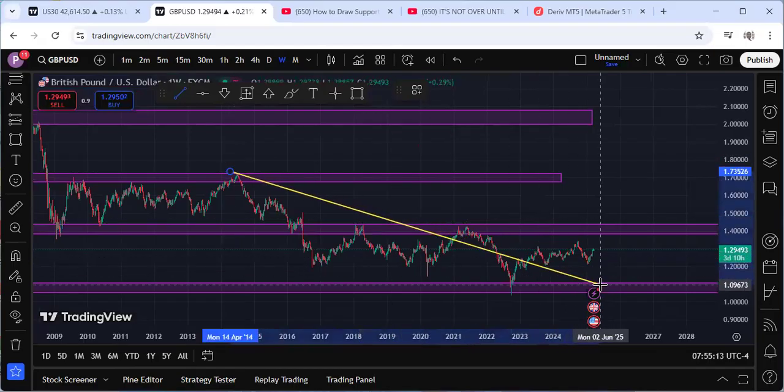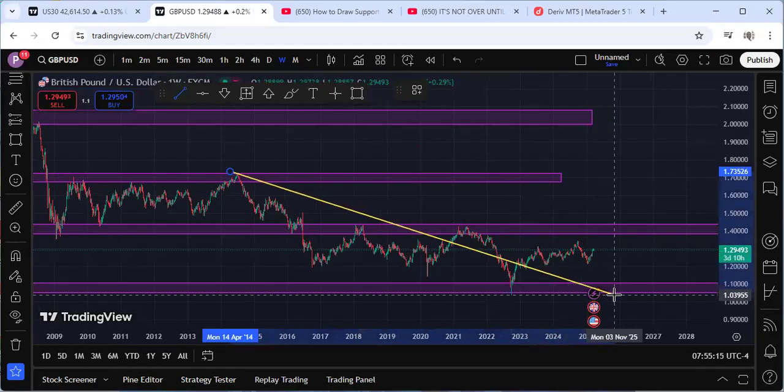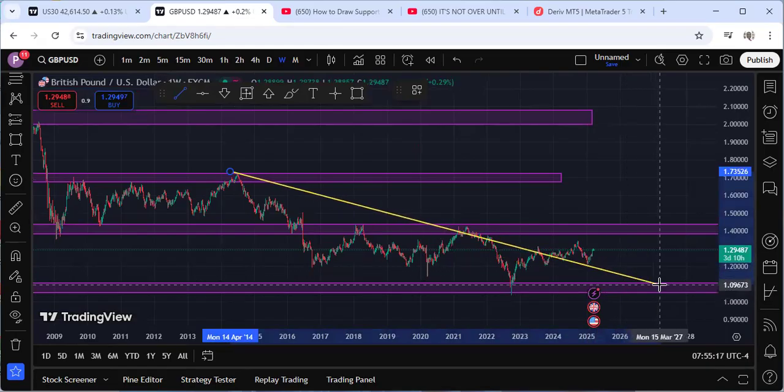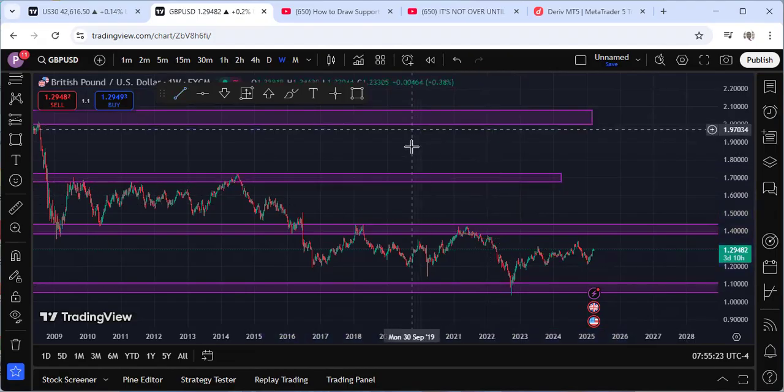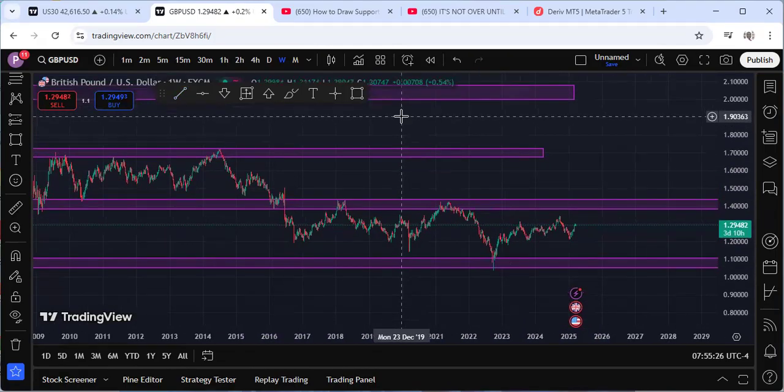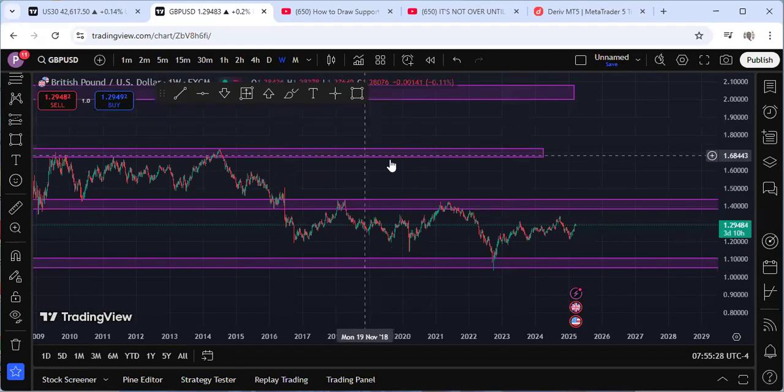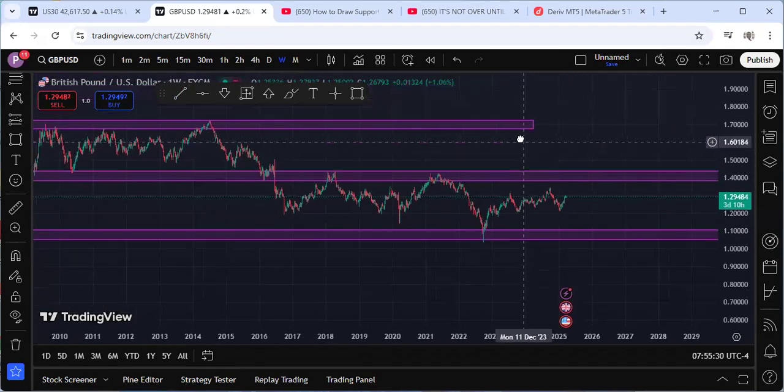How do I know? Let me show you the trend like now. Let me identify key level with you first. So we have identified key level with weekly time frame.